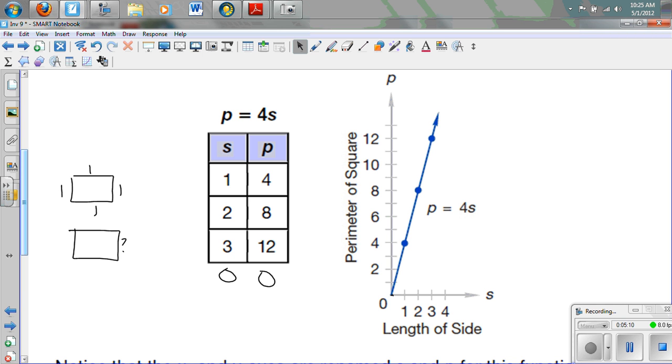This graph starts at 0, 0 and continues over, going up by 4, because there are 4 sides, and to find the perimeter we add the 4 sides together. So it's going over 1 and up 4, every time.